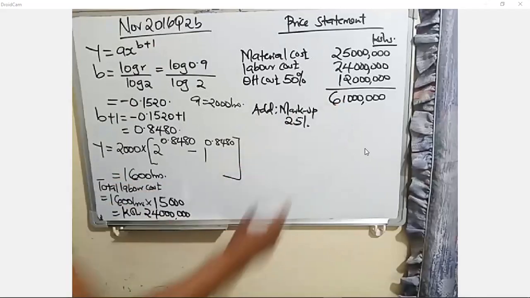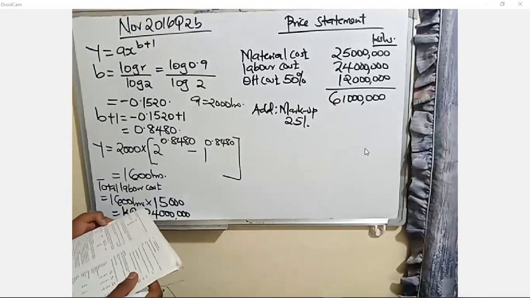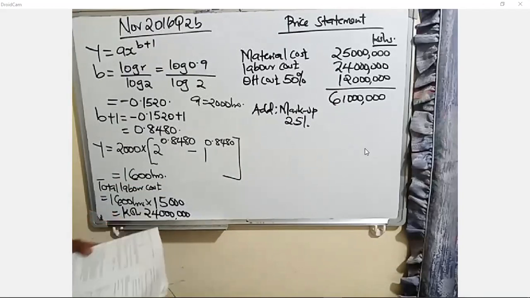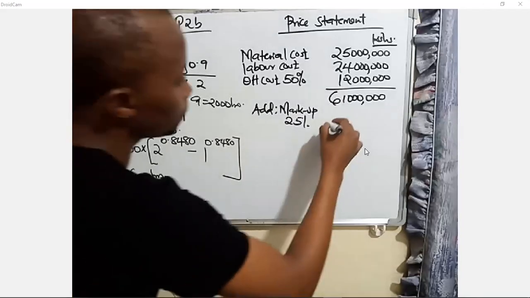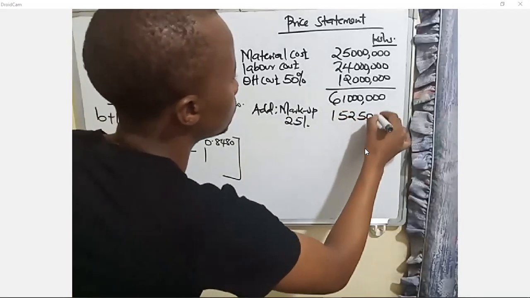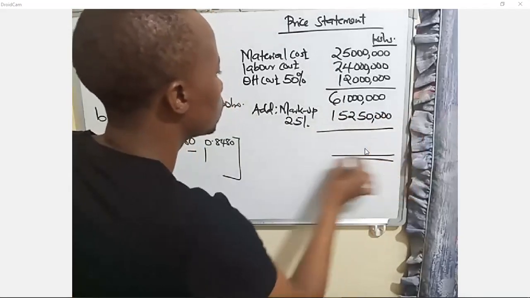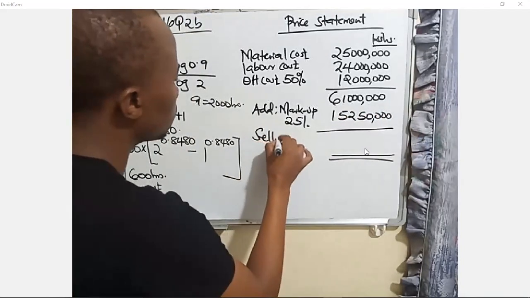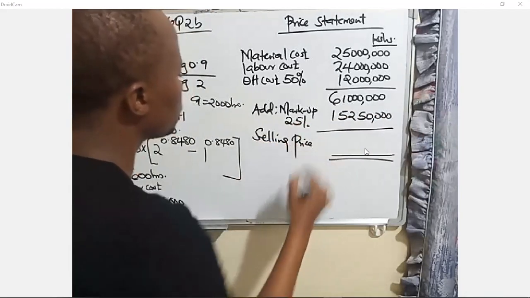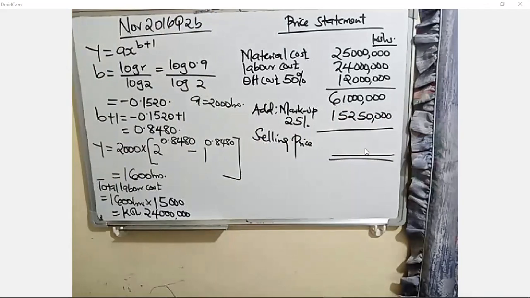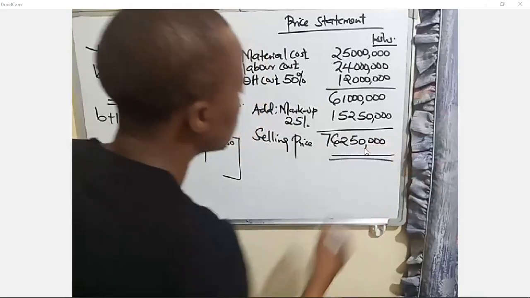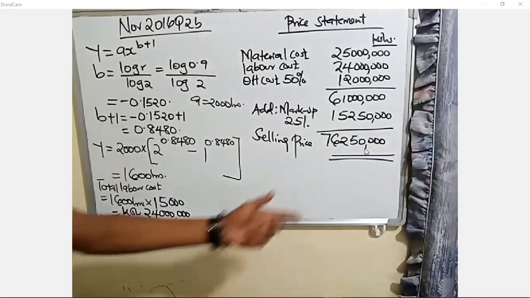So 25% of 61 is 15.25. So what is the selling price? 76.25 million. That is the price for the second machine.